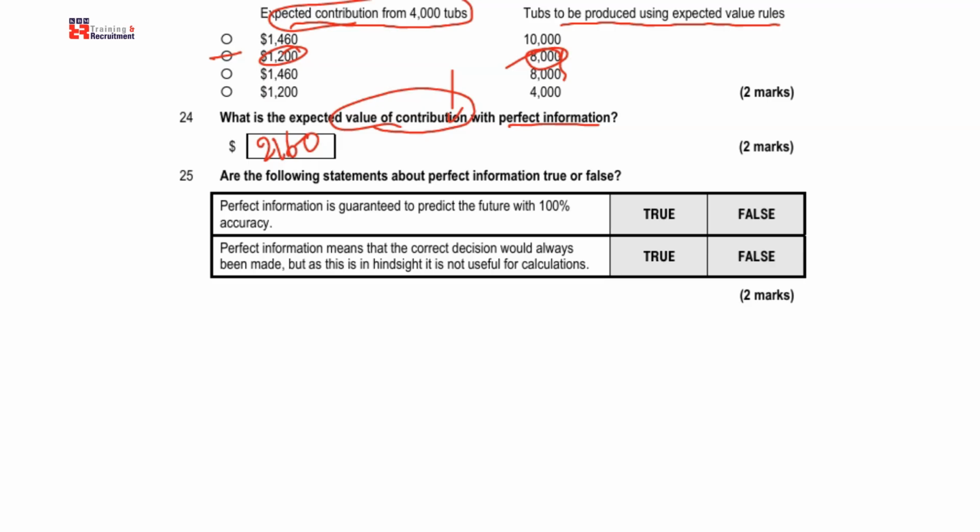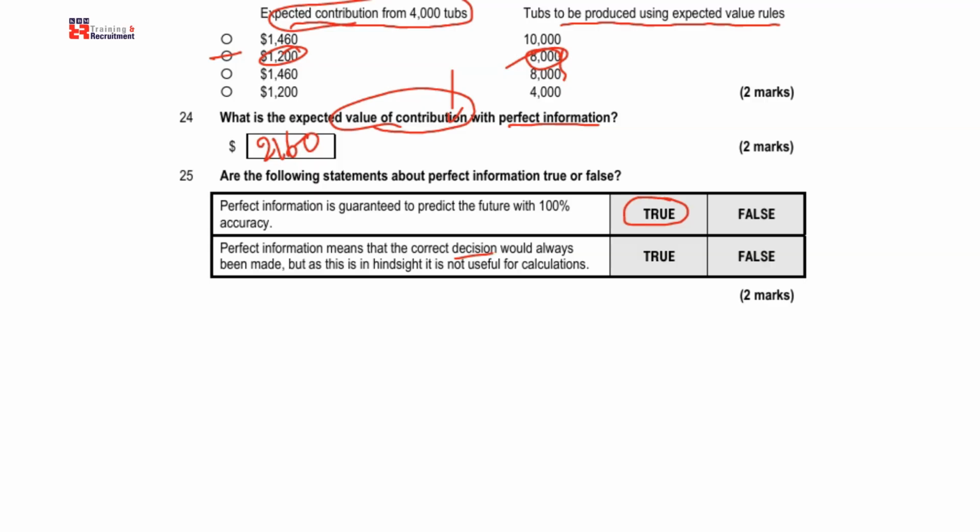Now, a couple of true-false items. Perfect information is guaranteed to predict the future with 100%, almost with 100%. That, to be honest, is correct. It's true. Yeah, that's what perfect information is, and that's what we pay extra money for, the value of perfect information. The perfect information means that the correct decision would always be made, not always be correct.